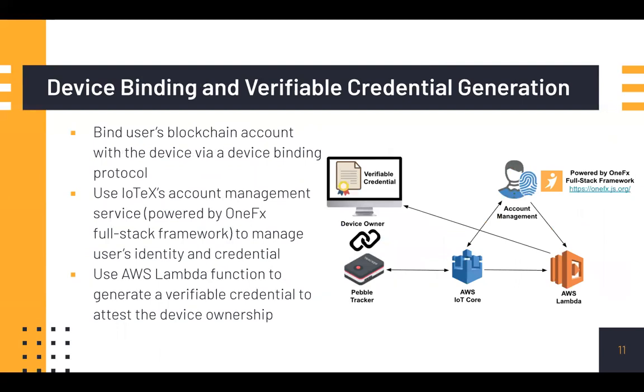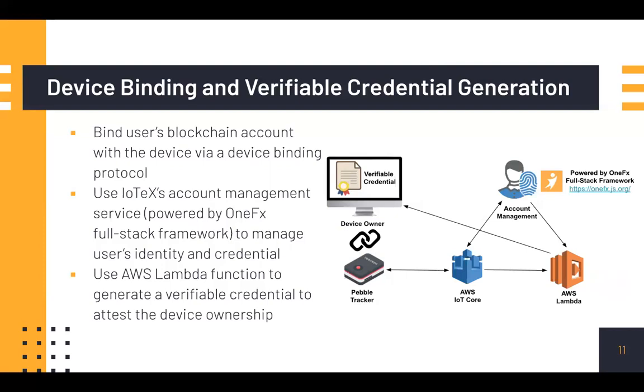In our system, we have the device binding protocol, which will bind the device with its owner. After the device binding protocol has been successfully performed, our account management system will issue verifiable credentials for the device, which basically show which owner owns which device.